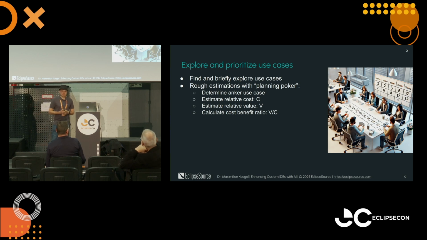And you pick those that have the best cost-benefit ratio. And from practical experience, I can just tell you that is a great way to get rid of a lot of use cases and say, oh, those are the top 5 ones. They have a really good cost-to-benefit ratio. And then you start building a POC for those use cases that you pick.